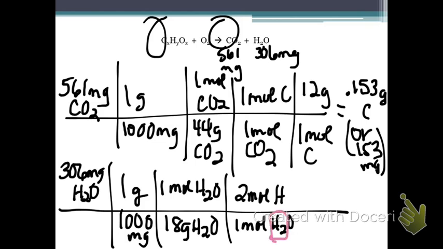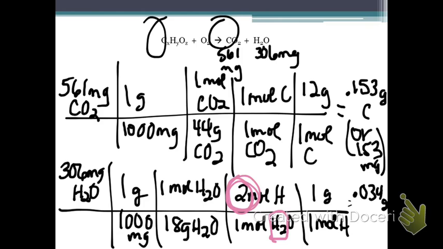Now, this 2 right here is the most missed part of this problem, and it causes many students, I shouldn't say all, to get it wrong. Every mole of hydrogen is 1 gram. Calculate it out, and you get 0.034 grams of hydrogen, or you could say 34 milligrams. Okay, I'm going to go to the next slide for space.